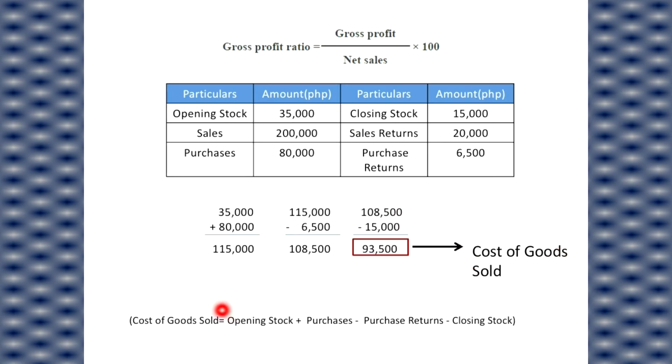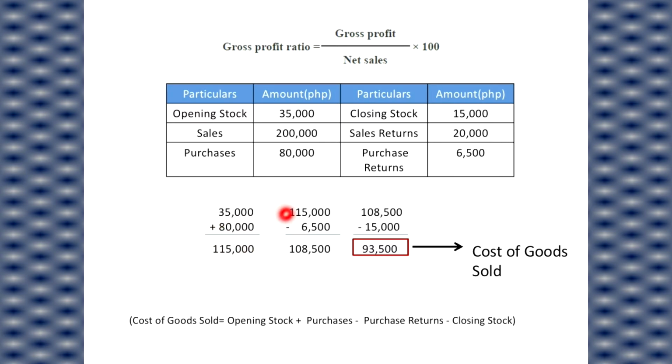Now, to get the gross profit, we need to know the amount of the cost of goods sold. To get the cost of goods sold, we use opening stock plus purchases minus purchase returns minus closing stock. The opening stock is 35,000. We add the purchases of 80,000, which equals 115,000.